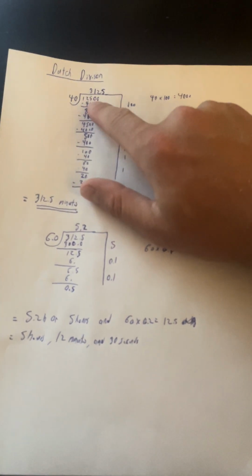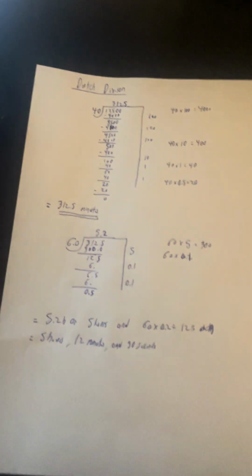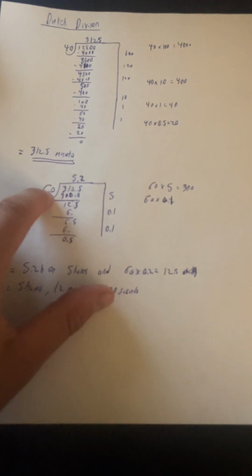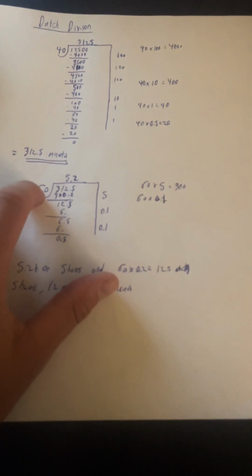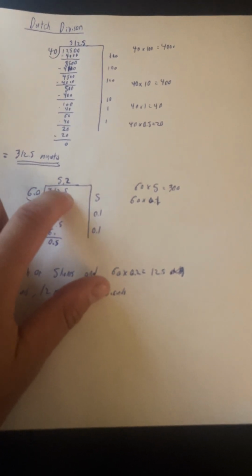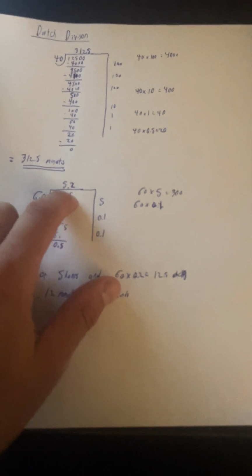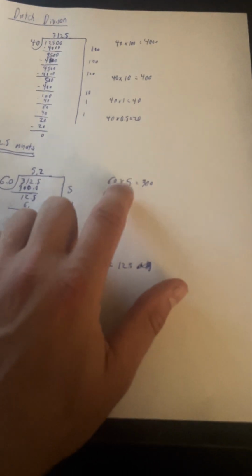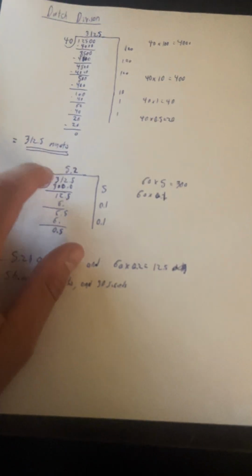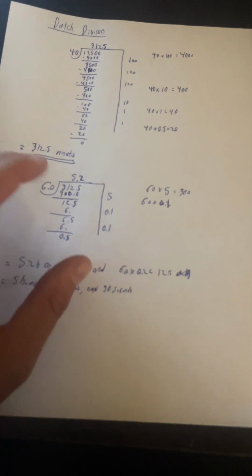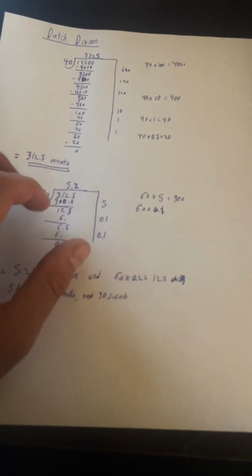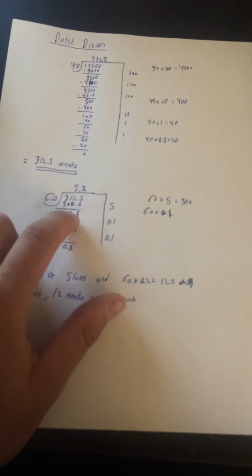We can also break this down using the same method. We can take 60 minutes and see how many times 60 goes into 312.5 minutes to determine how many hours she took. With the same method, we found that 60 times 5 equals 300. 312.5 minus 300 is 12.5.